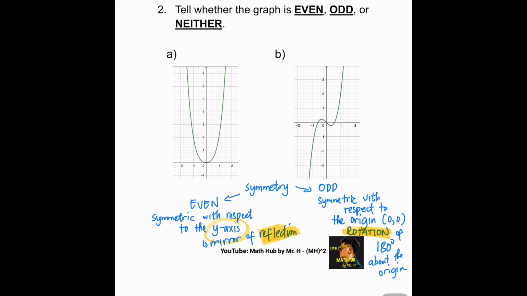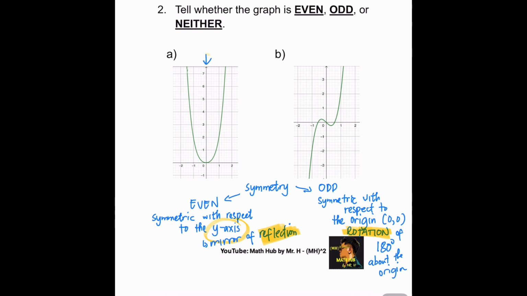Now, let's take a look at examples 2a and 2b. So 2a. We were given this graph, and which of the two is the answer? Is it even or odd? Based on what I discussed earlier, here you can see the y-axis.